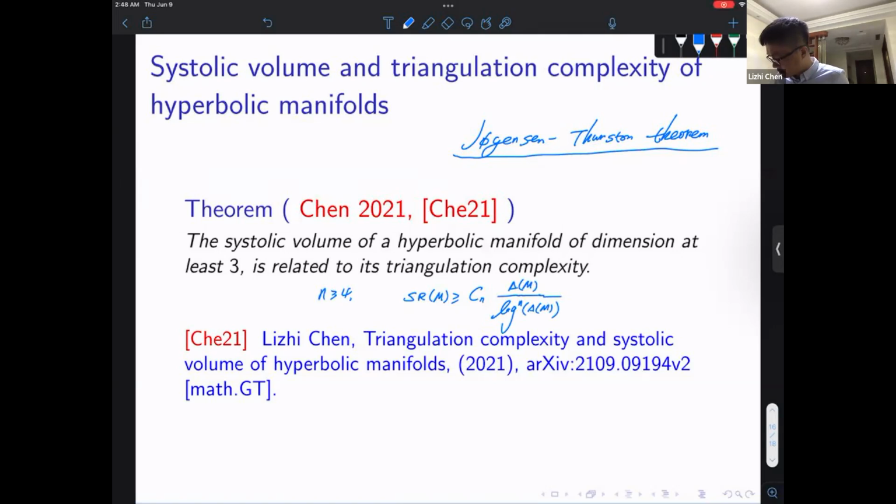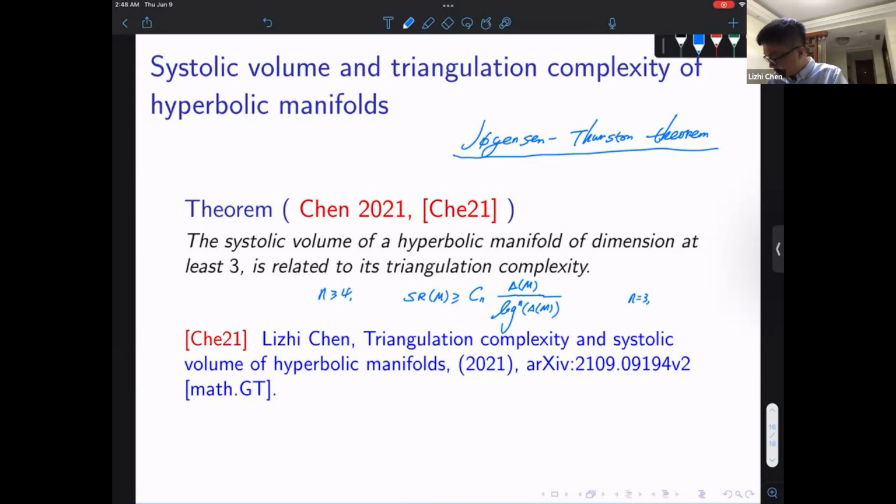It looks like this because I directly use Gromov's theorem between systolic volume and the simplicial volume. For n equal to 3, the result is not as good, because I cannot find the relation between the systolic volume and the injectivity radius.